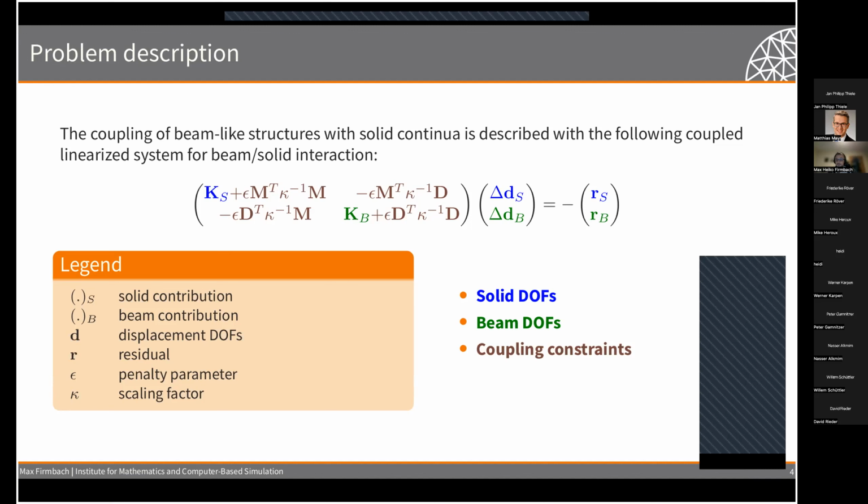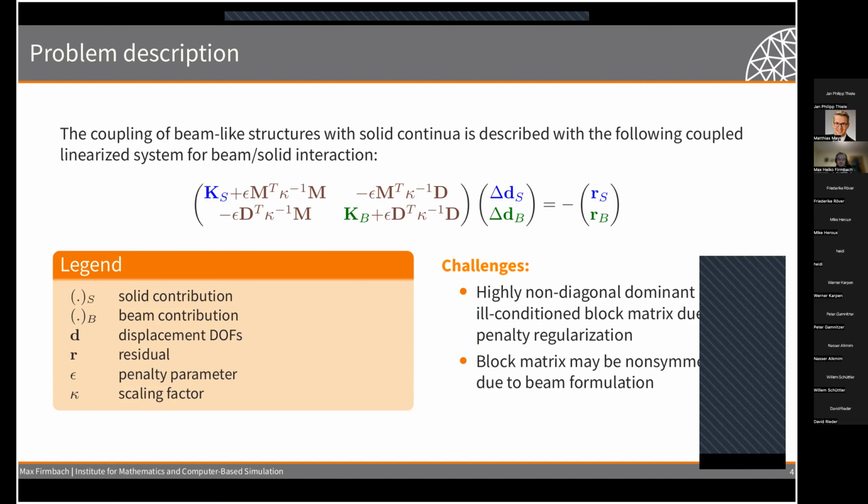The condition number increases and we are losing diagonal dominance of our matrix due to this increasing penalty parameter. So the challenges, as mentioned: we have a highly non-diagonally dominant, ill-conditioned block matrix due to the penalty regularization. And our block matrix may also become non-symmetric depending on the beam formulation we are using.